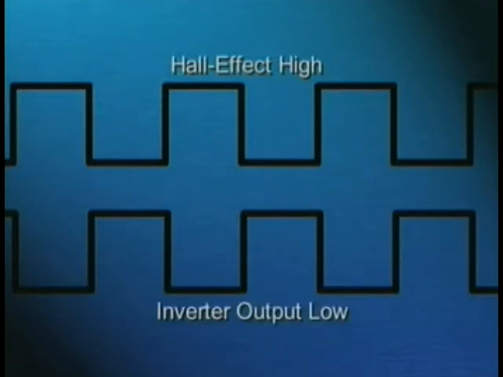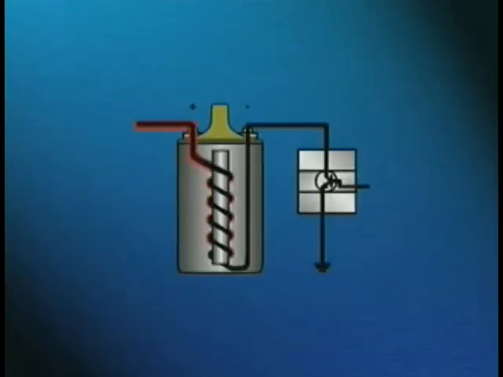As the vane passes out of the Hall effect sensor, a high voltage is sent from the sensor. That voltage is inverted to a low signal, and current to the base of the transistor is interrupted. With no current to the base of the transistor, the primary circuit is opened, and the voltage is induced into the secondary windings of the coil.